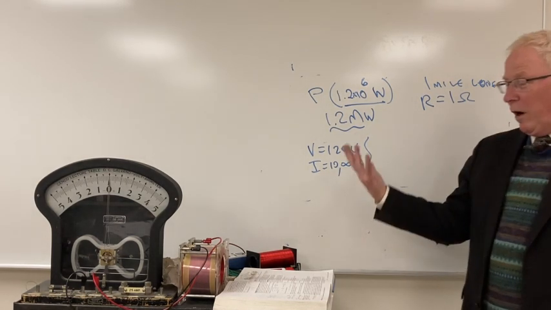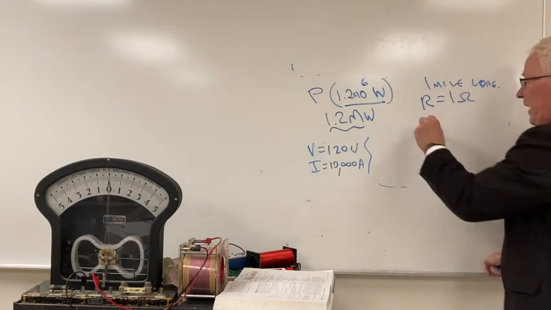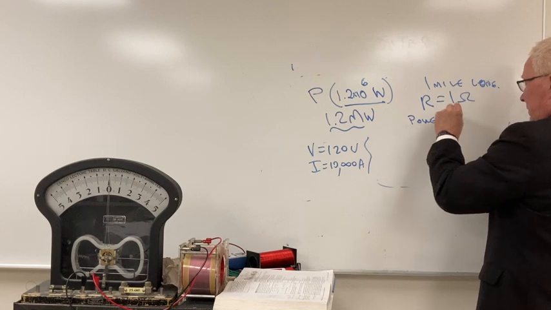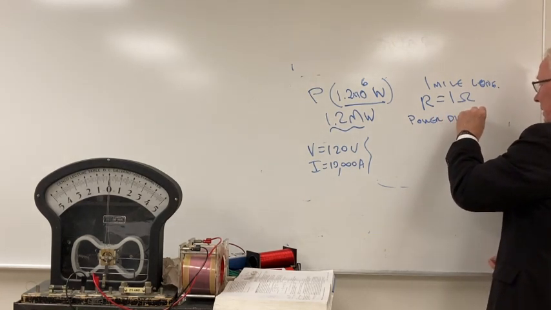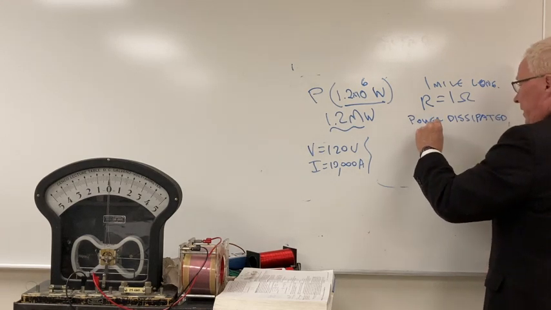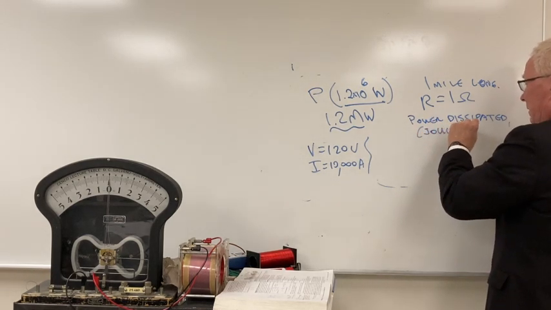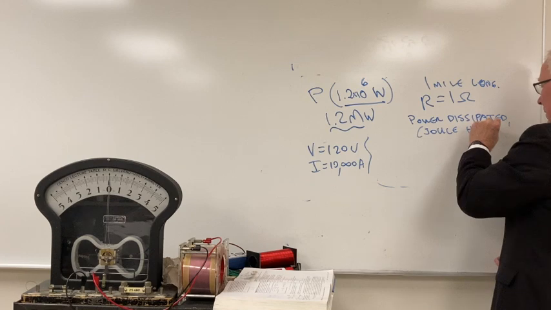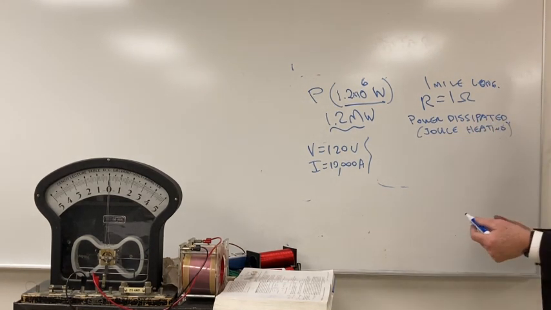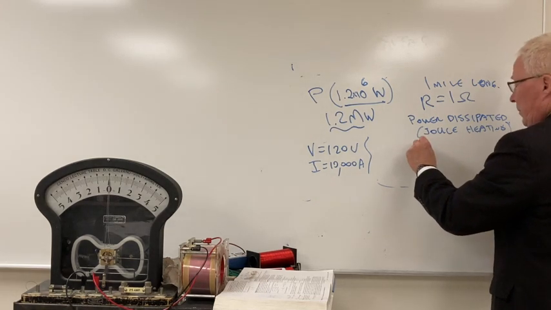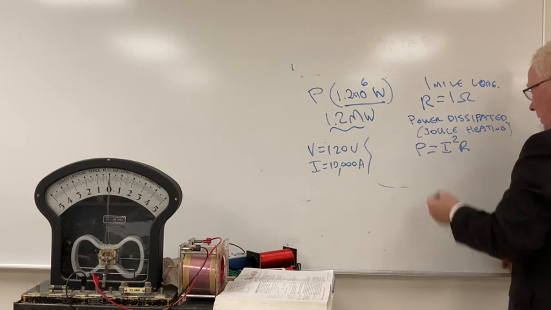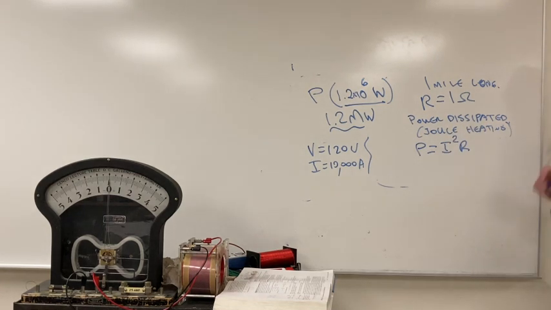But in any wire, the power dissipated, what we call Joule heating, because basically this is the principle behind the incandescent bulb, the power dissipated, P, goes as I squared R. Right?